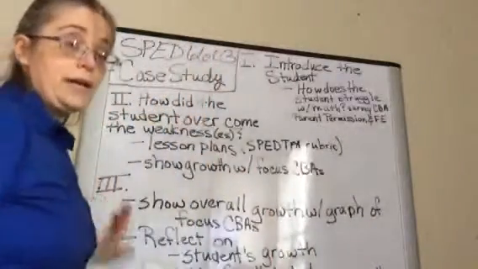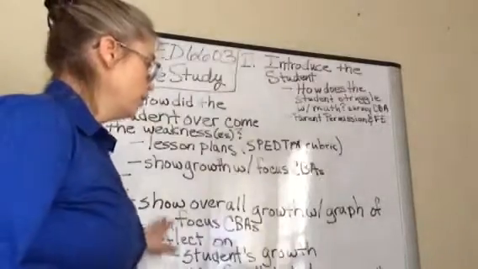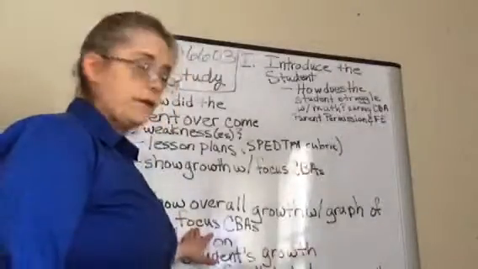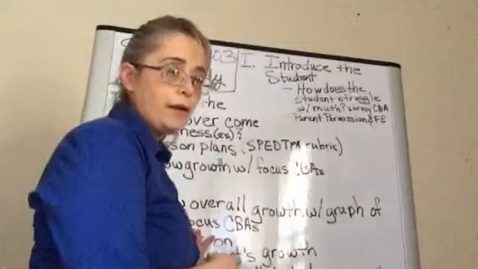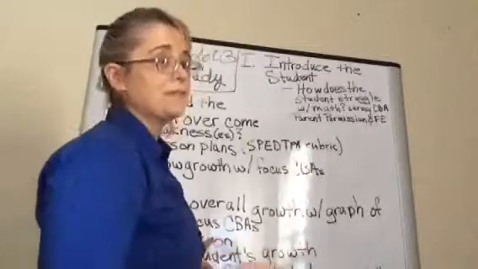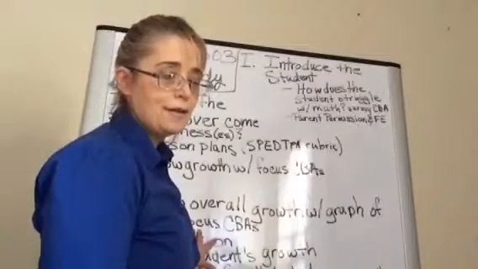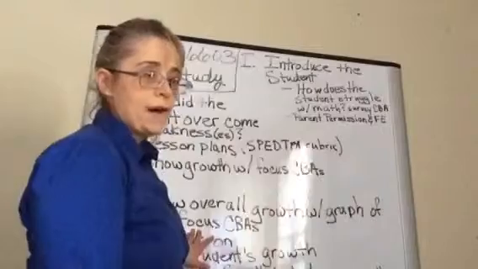Now, part 3, conclusion. We're going to show overall growth through graphing of our focus CBAs. Now, anytime we graph something, we always have to reflect on it. We have to be able to discuss it. So we're going to have a paragraph in there of what that graph means.